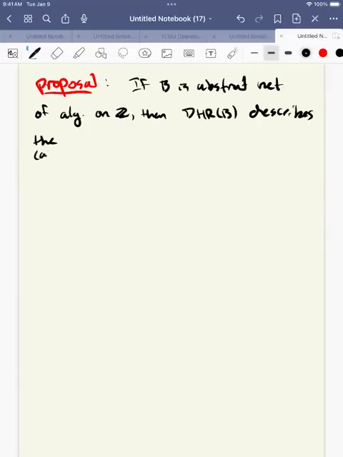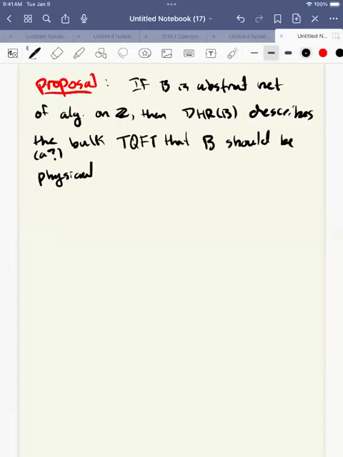I don't know if V or A is the right word. I think it's V because it's determined by DHR. The bulk TQFT for which B should be the physical boundary algebra. So that's the claim. Going back to the original situation where I have a SymTFT decomposition and I have my B sitting here, the claim is that the DHR bimodules for B should be the anyon theory for the bulk thing. That's the proposal.